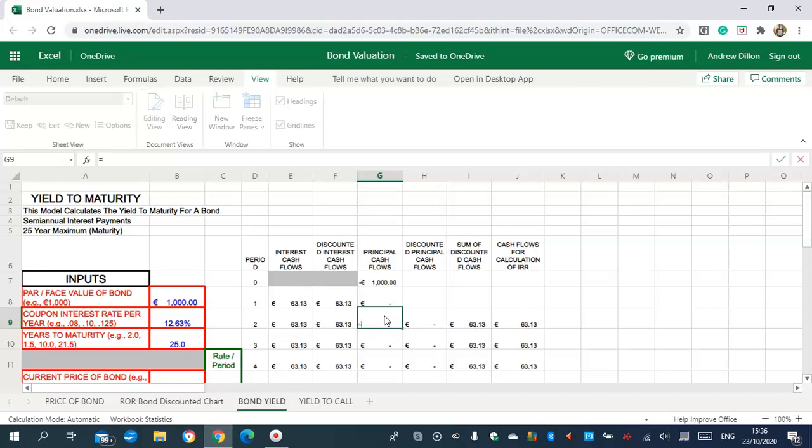Good. IF statement again. Zero. Principal cash flow is finished. Now the discounted principal cash flows.